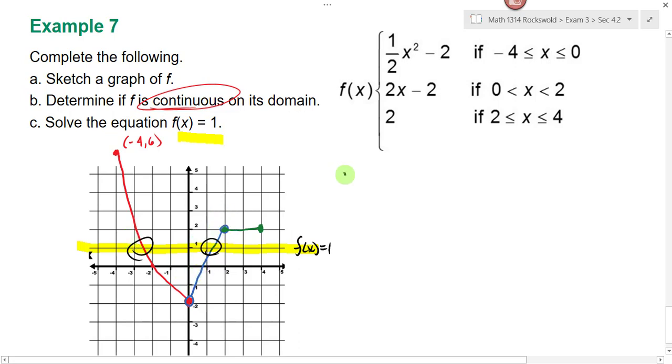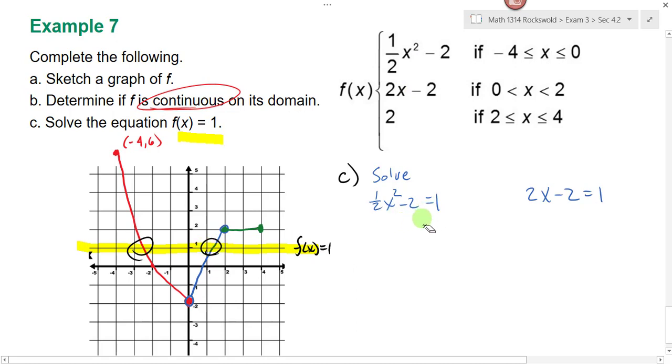So I need to solve 1/2 x squared minus 2 equals 1, and the blue function was 2x minus 2 equals 1. That will give me where these graphs intersect.